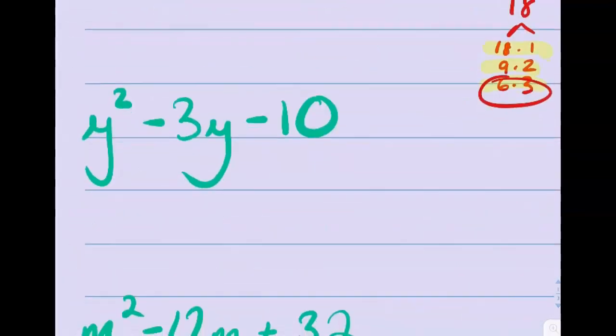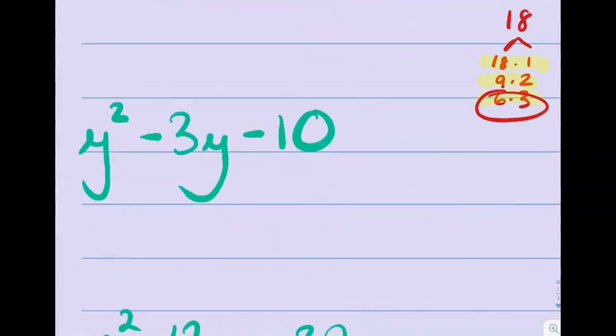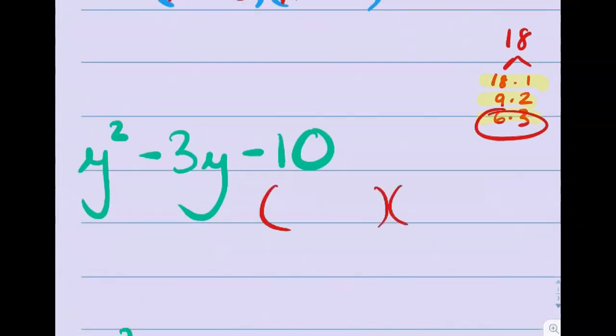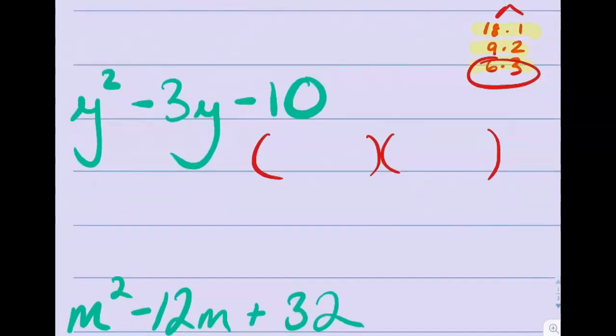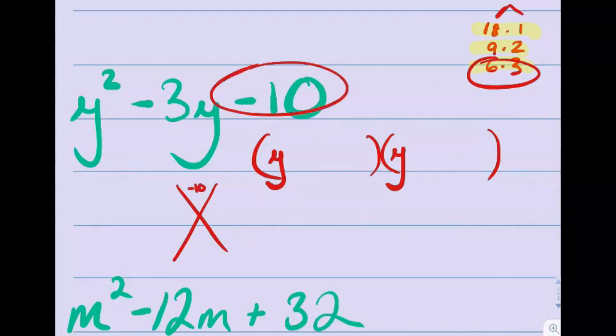Try another one. 2 sets of parentheses. And they're both going to start off with, I didn't start this one the same way as the last one, but let's put y and y in there, because y times y is y squared. Now, factors of negative 10 that add or subtract to negative 3. So what are factors of negative 10?